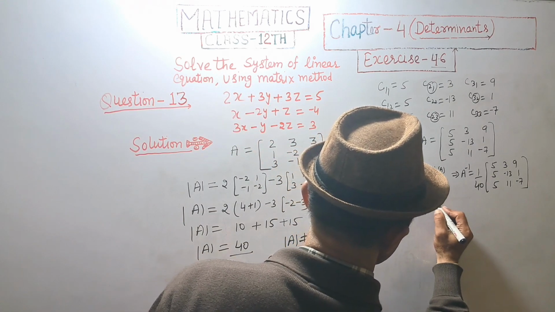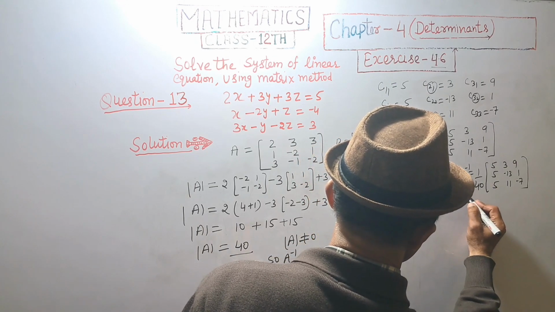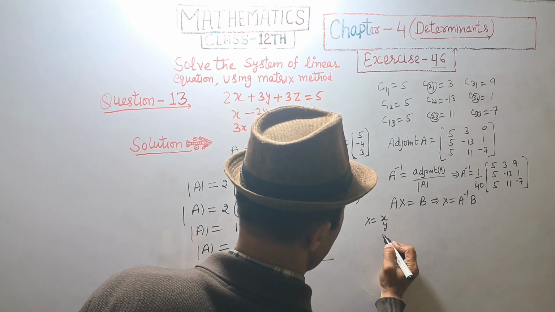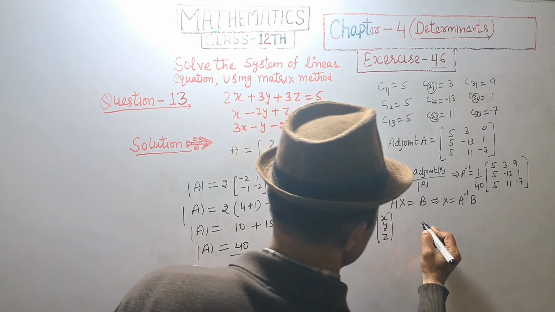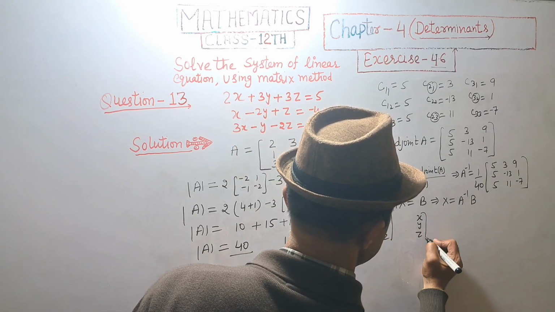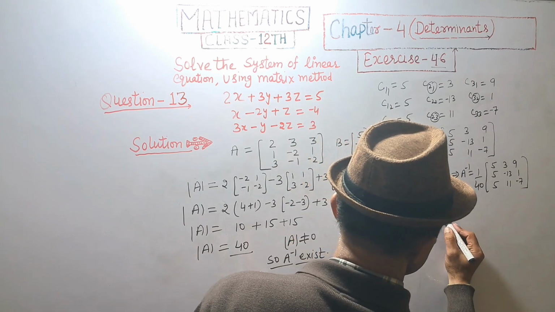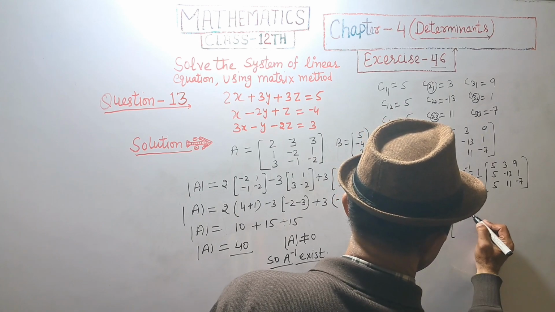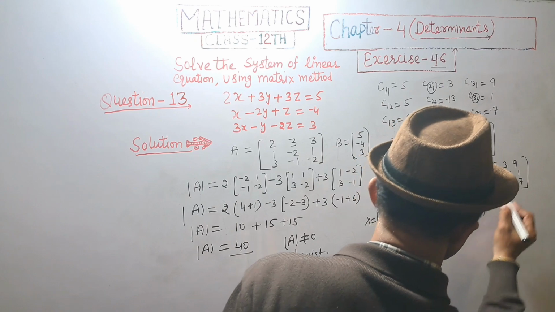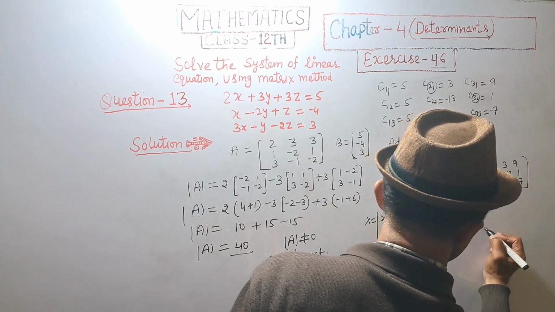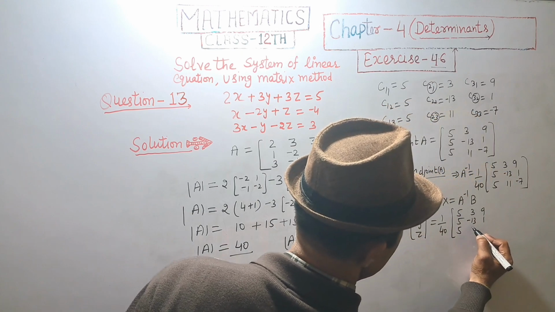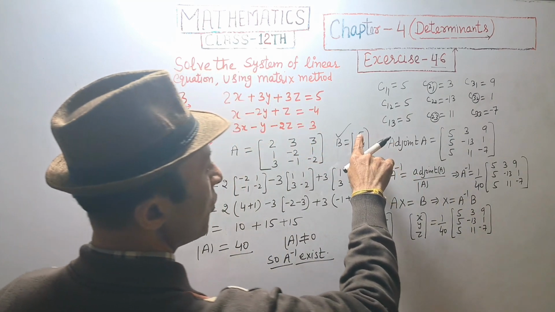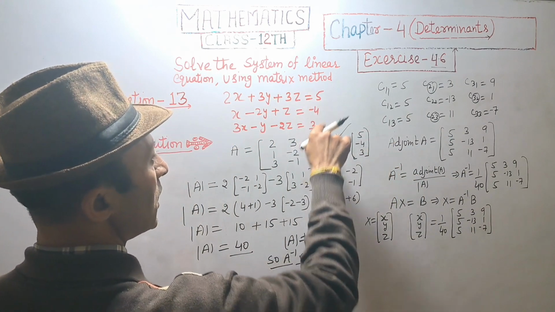Ax is equal to B. This implies x is equal to A inverse B, where x is x, y, z. So x, y, z is equal to A inverse, which is 1 upon 40 into 5, 3, 9; 5, minus 13, 1; 5, 11, minus 7, and B is 5, minus 4, 3.